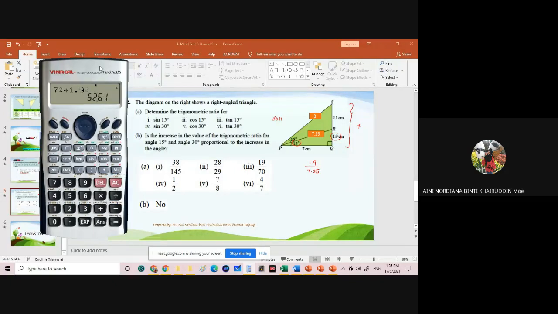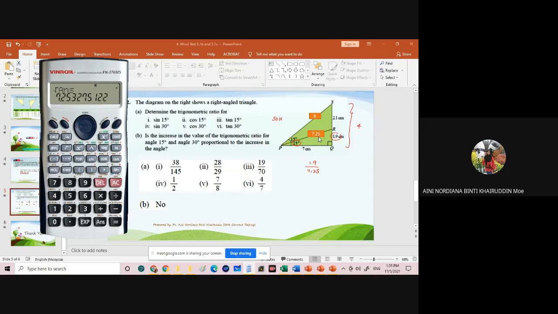Then you get this answer. Then square root. So it's actually 7.25327.5 blah blah blah, it's very long. I just put 7.25. If you put 7.253, then the answer here will differ. So it's okay.